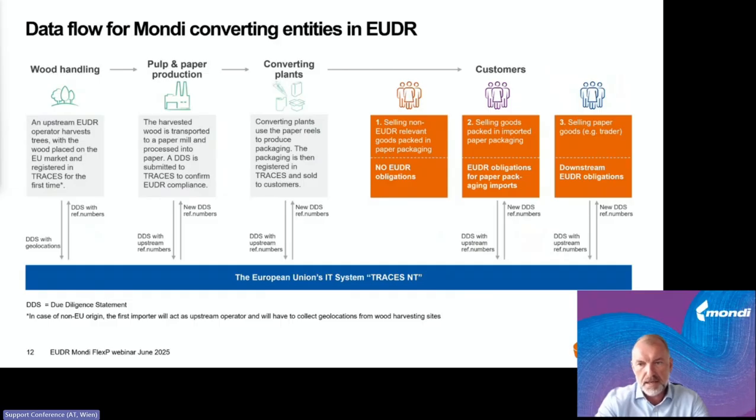That's exactly the case when the customer is already selling the product on the market, which is not EUDR relevant, and the packaging paper or paper-based packaging which we supply is really used as a packing material only. There are 2 other options, and we will describe them also on the next slide, where EUDR obligation still stays also with our customers.